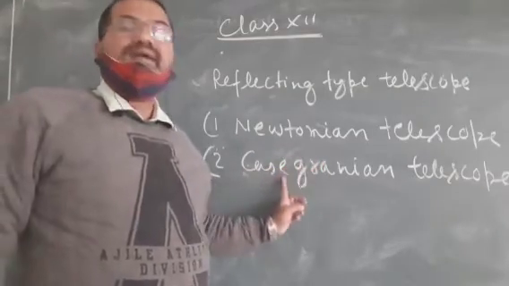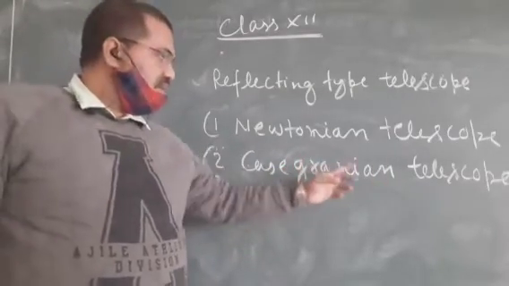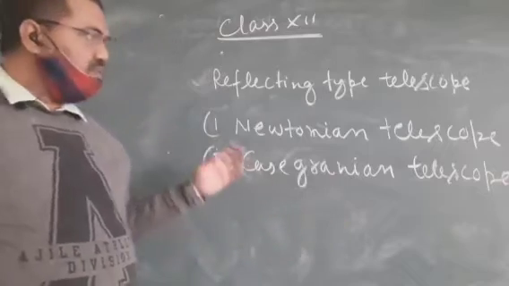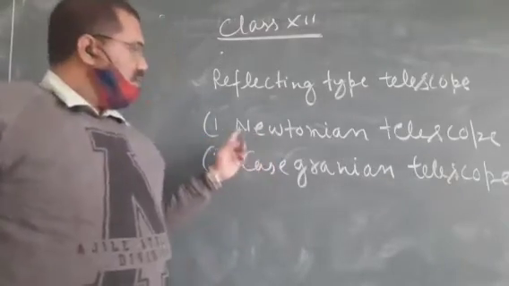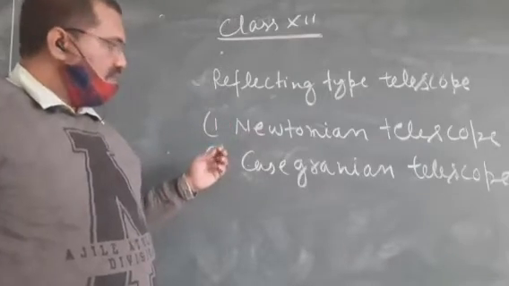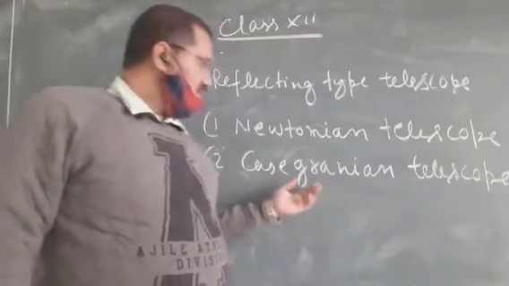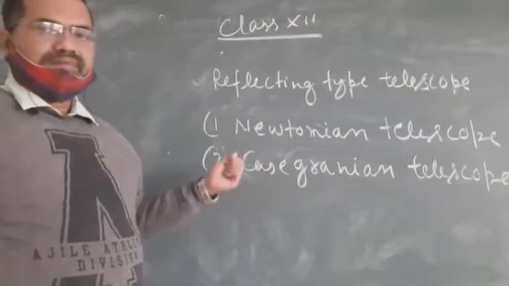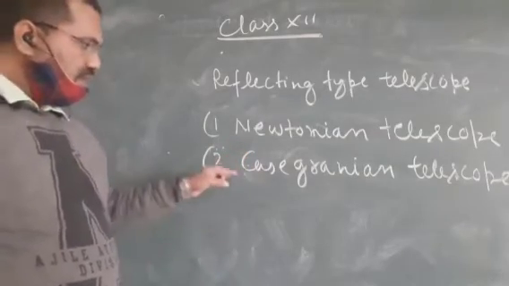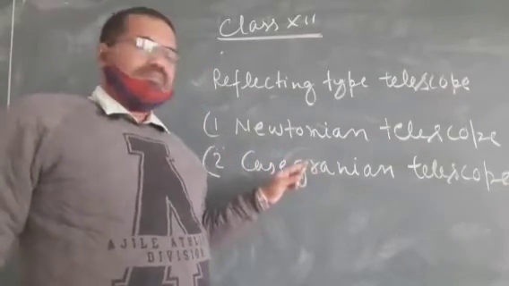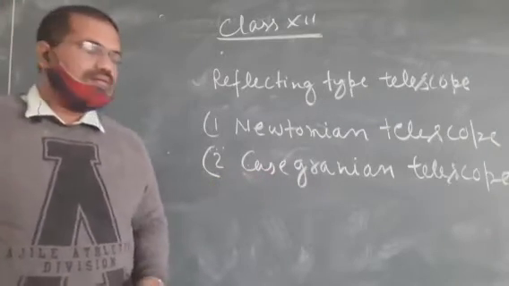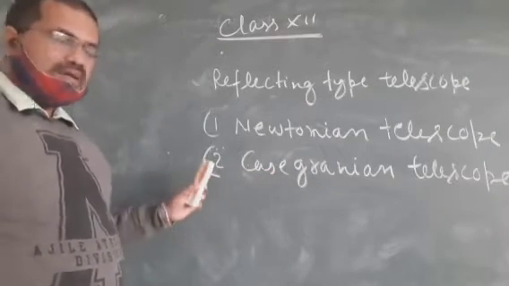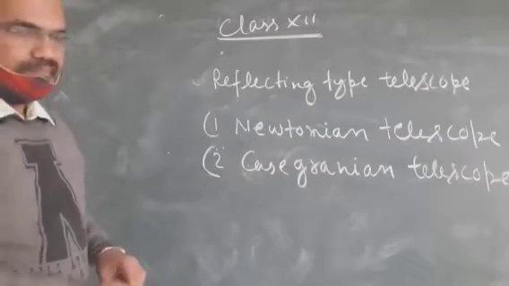Newtonian telescope was made by Newton sir, and Cassegrainian telescope was made by Cassegrain sir. Cassegrainian is a modified telescope. So first of all, we will make the ray diagram of the Newtonian telescope.